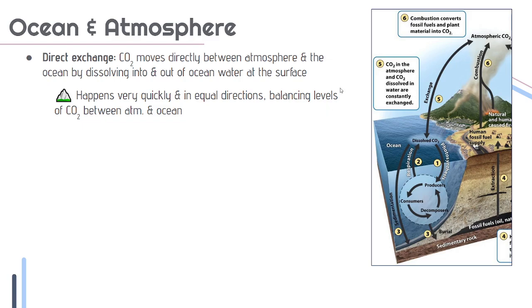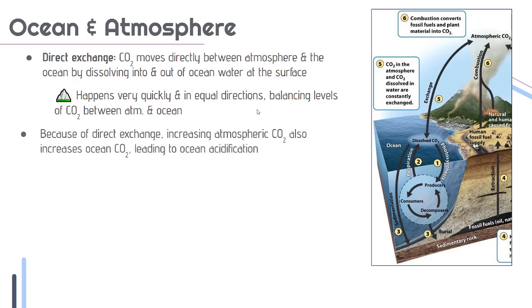Now, one thing that is probably new for you in this course is the idea of the ocean being a carbon sink. Now, the ocean does take in carbon from the atmosphere, and it also does put carbon into the atmosphere as well through the respiration from aquatic animals and plants, as well as just the dissolved CO2 escaping into the atmosphere.